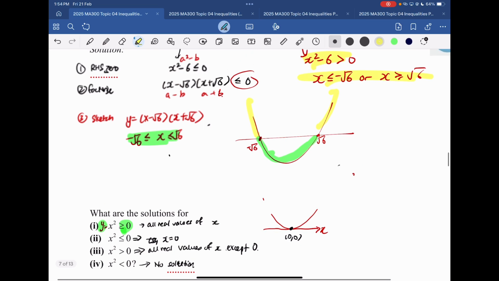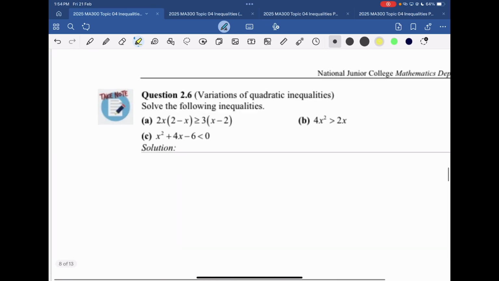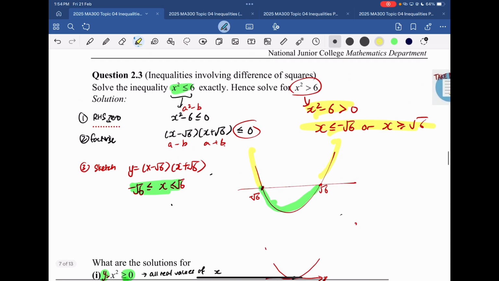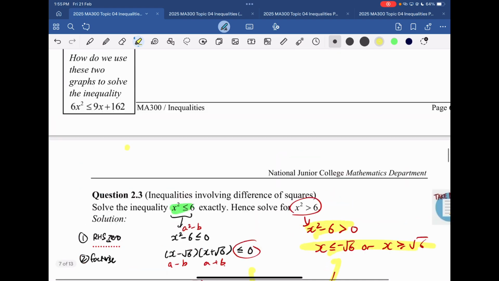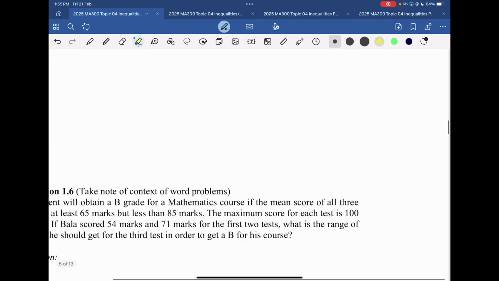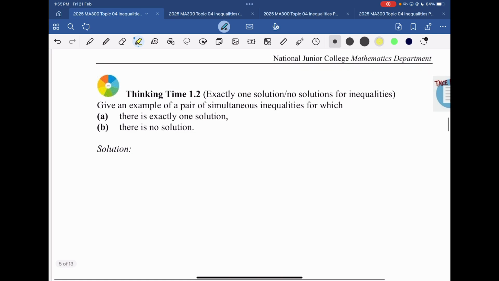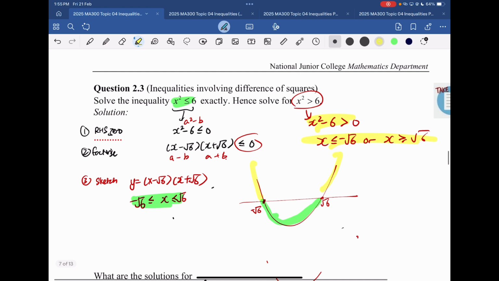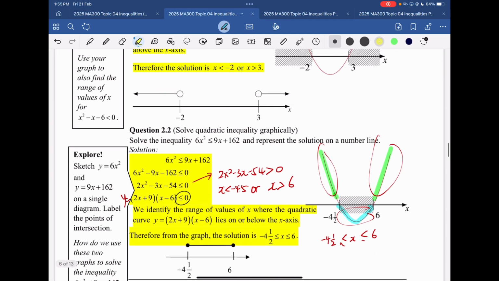Okay, 2.6. I need to go to 1.2. Yes, one second.